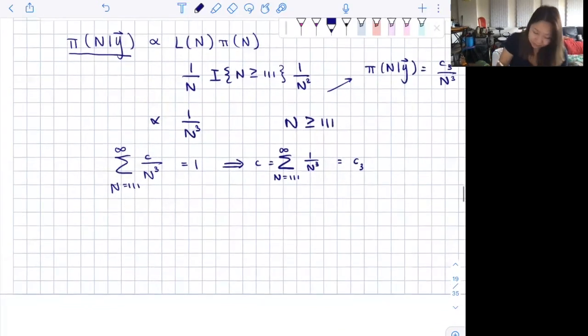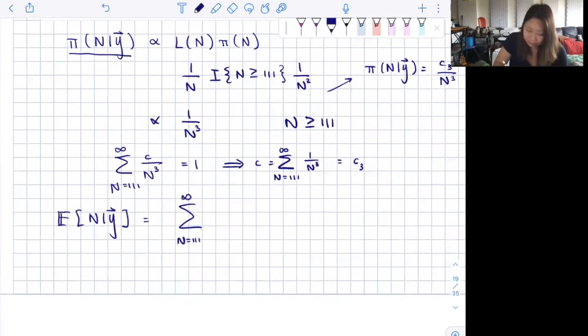So now what we're looking for is the posterior expectation, and we just put this into the definition of expectation. From N equals 111 to infinity, we're looking for N times this PMF.